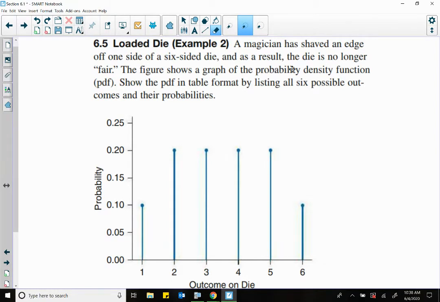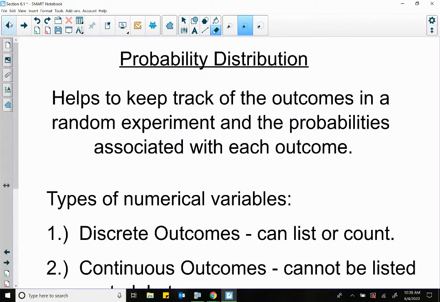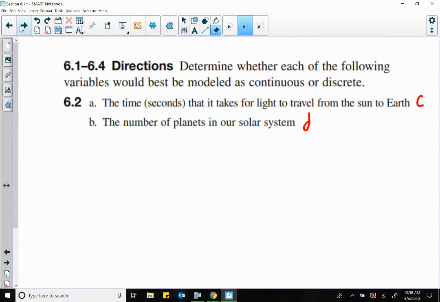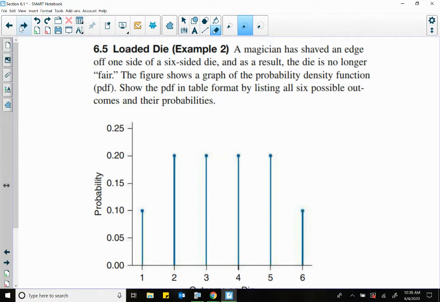So probability density function, probability distribution function is PDF. But just know that that is an abbreviation for it.